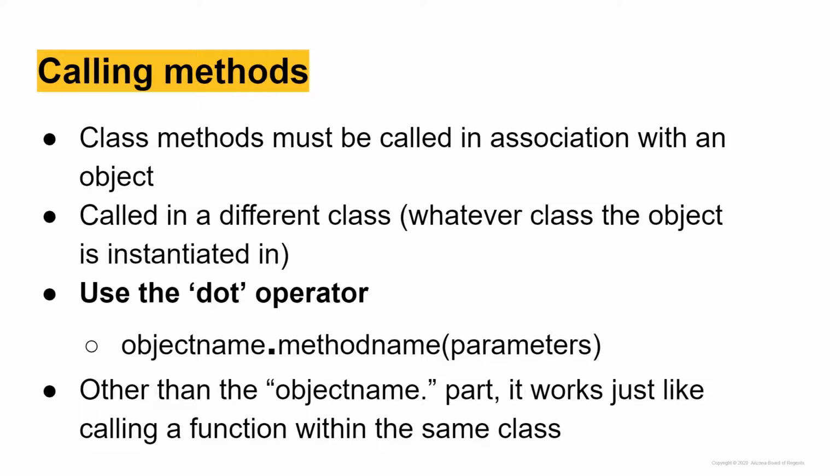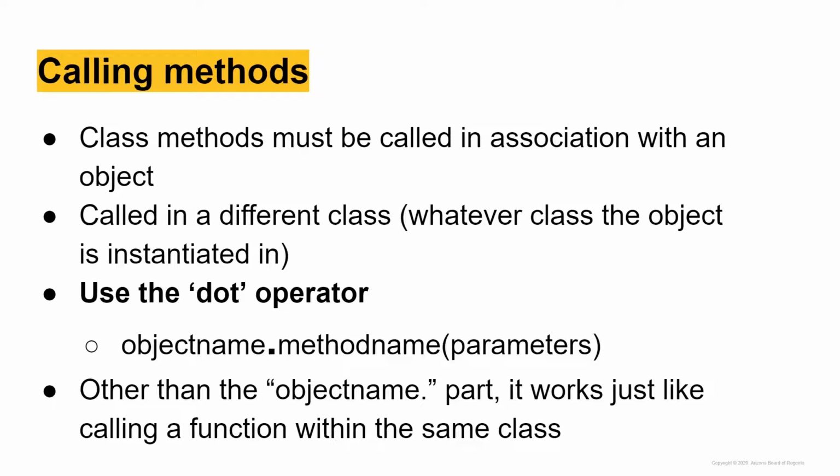So you write the object name, dot, just a period, and then the method name, and then parameters in the parentheses if your method takes them. And then obviously your semicolon, which I didn't put in here because this is pseudocode, but you should always have semicolons or else your program won't work. Other than the object name dot part, it works just the same as calling a function, I mean method, within the same class.